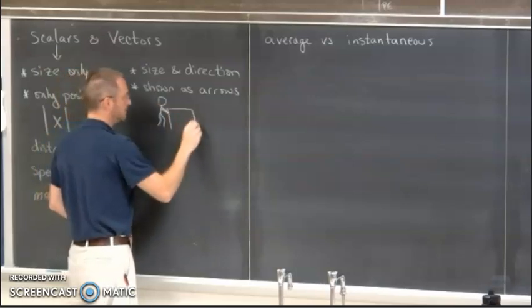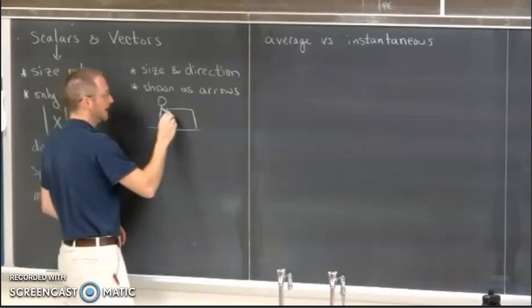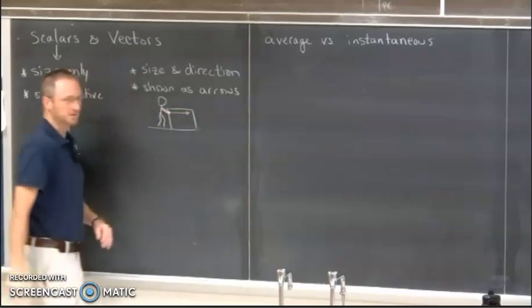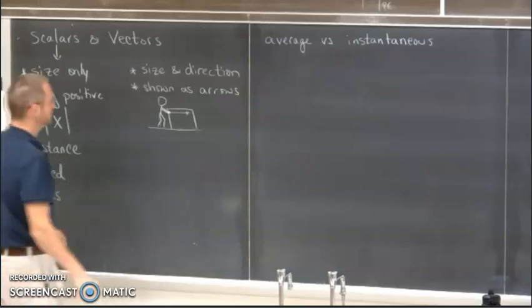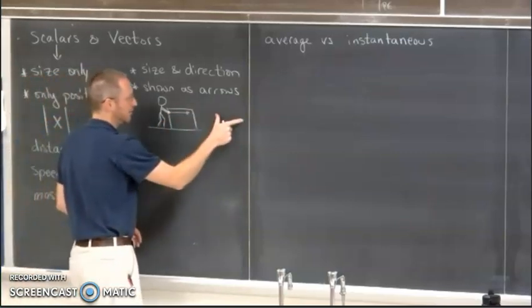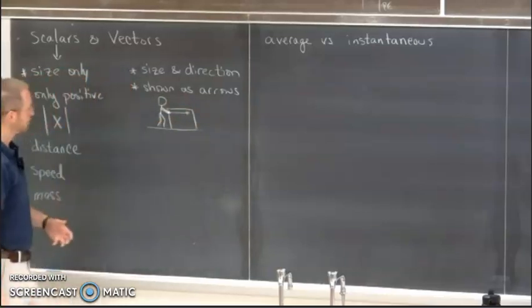Let's say I'm moving a big box on the floor, and here's my hands on the box, and I'm pushing the box to the right. So I can represent my push as an arrow pointing to the right. And if I push harder, the arrow gets longer. If I change the direction of my push, then I rotate the arrow around.